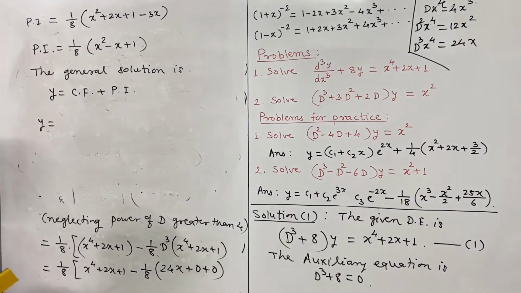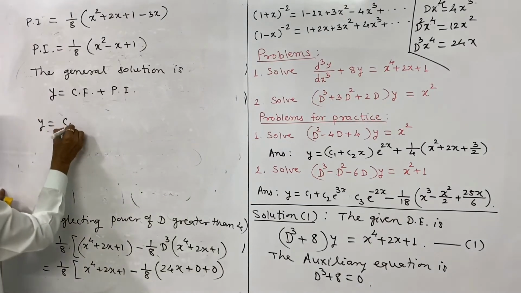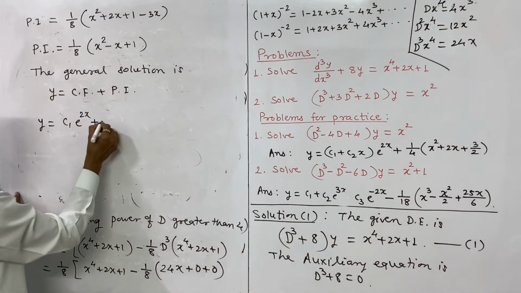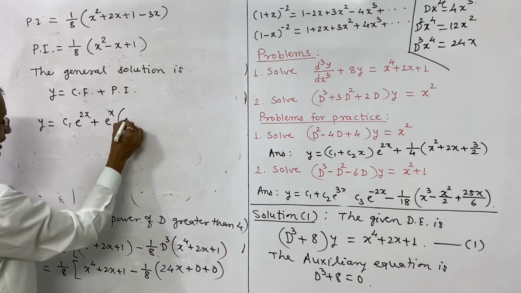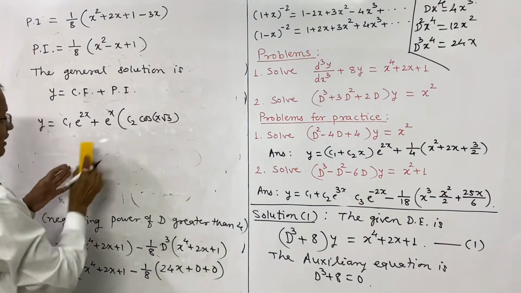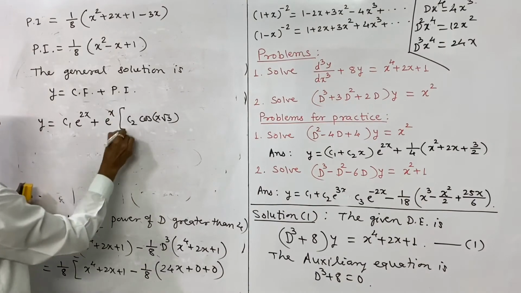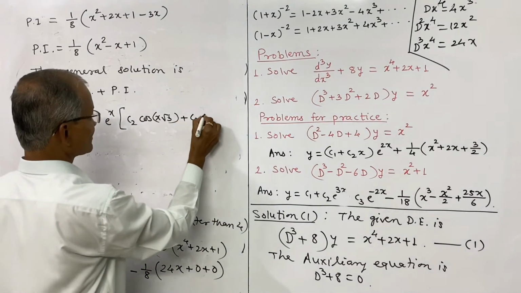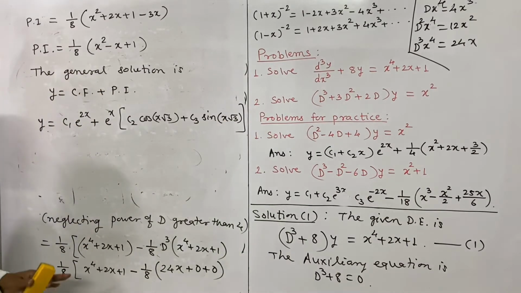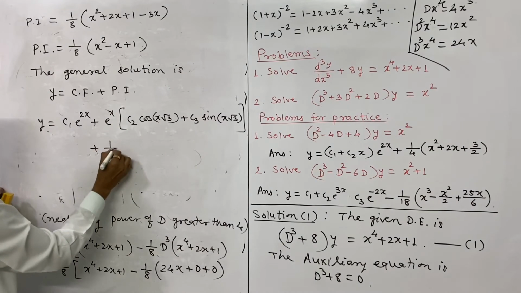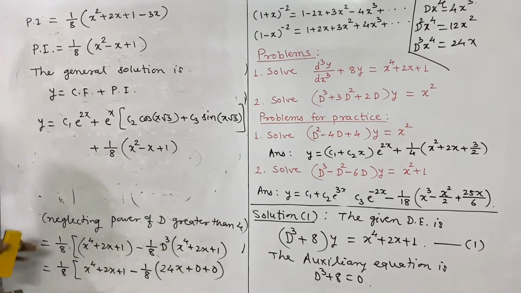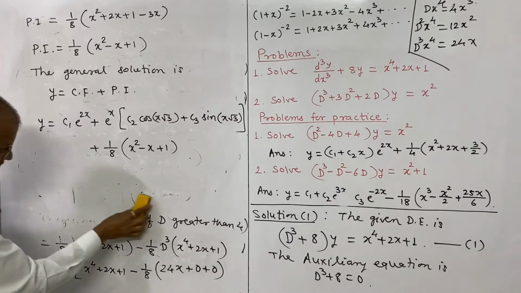So the first term is C1 e power 2x, you should check it, plus e power x into bracket C2 cos x root 3 plus C3 sin x root 3. Please check this CF we have written earlier, and PI is here, plus 1 by 8 into bracket x square minus x plus 1. So this is the general solution of the first problem.